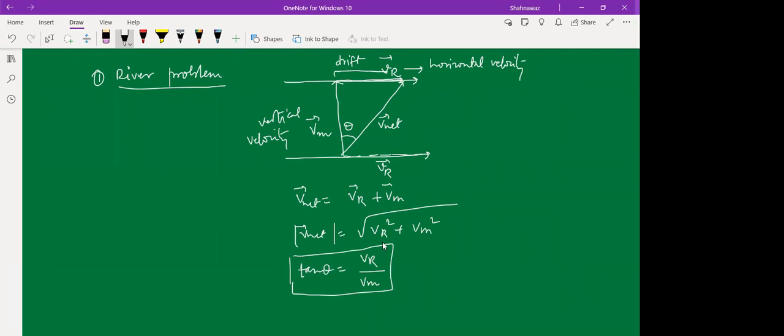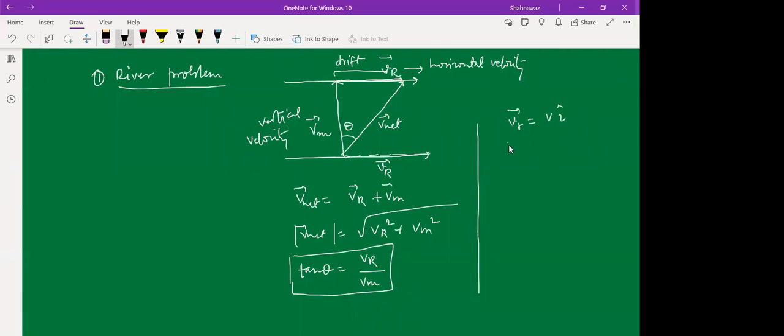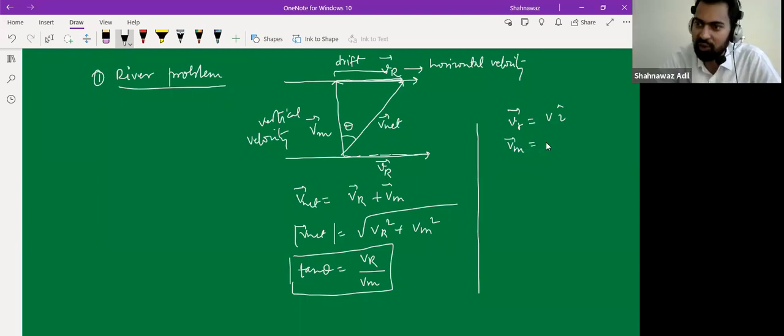So one can also use this approach, that the velocity of the river will be like some VR i hat. Understood? And the velocity of the man would be, let's say, VM j hat.